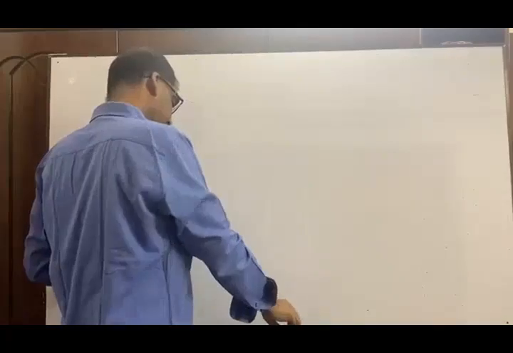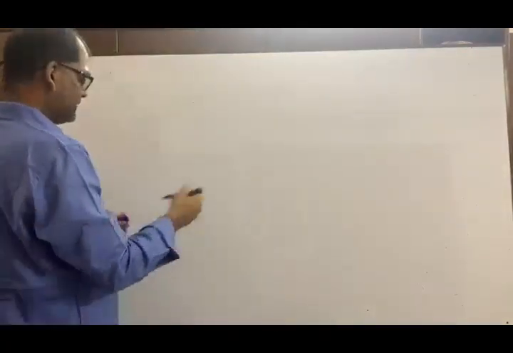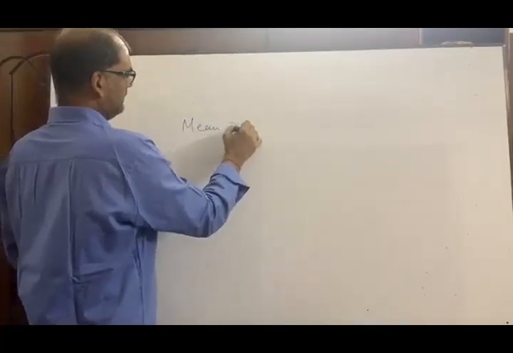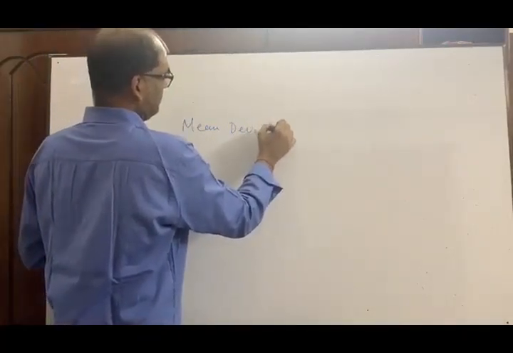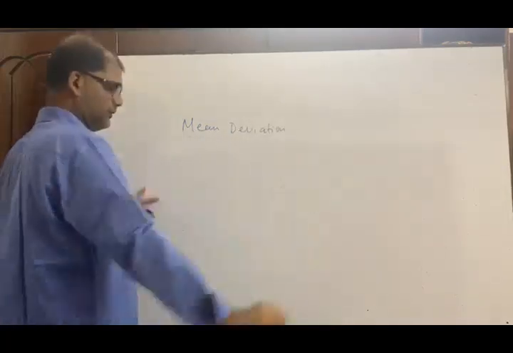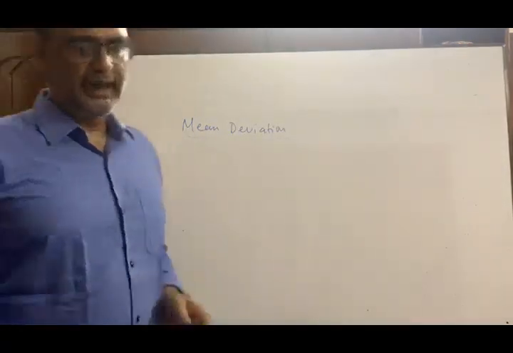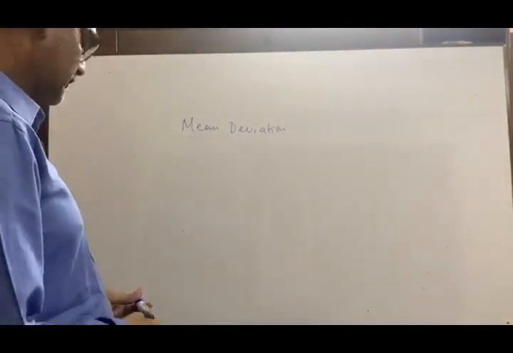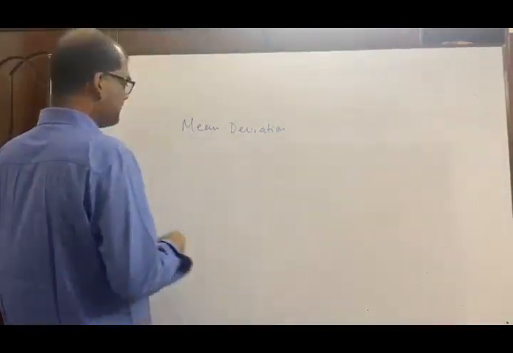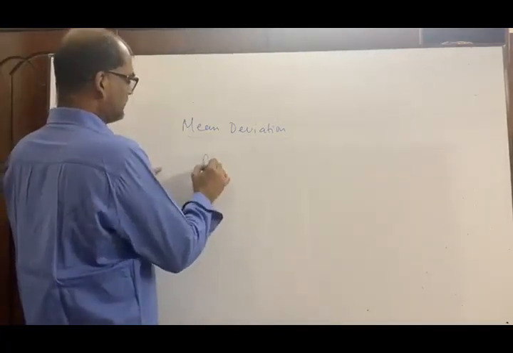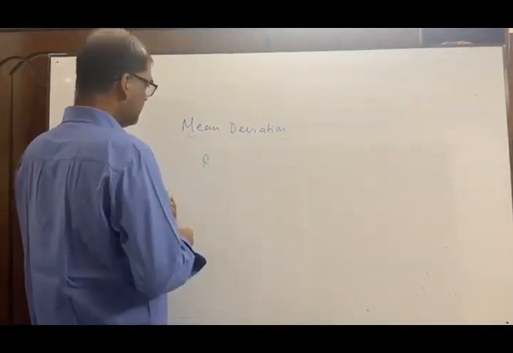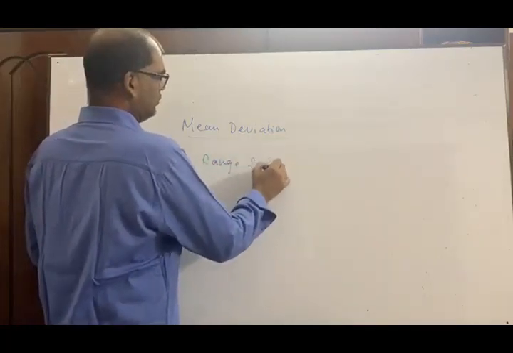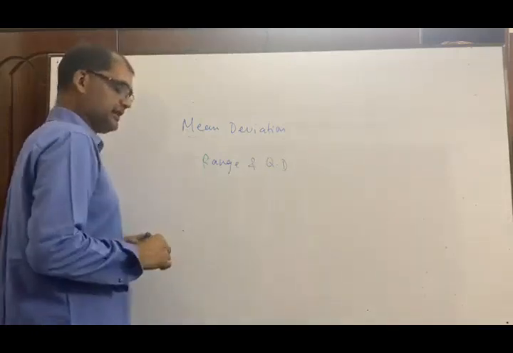You see, mean deviation. Range and quartile deviation, they didn't take all the data, right? Can you remember, please? Range and QD, QD means quartile deviation.